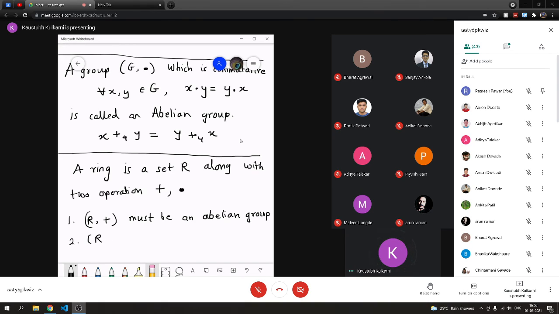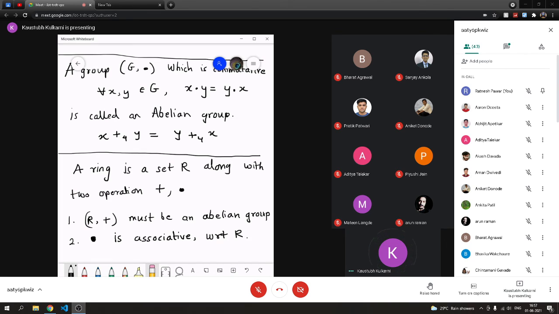Then this dot operation that we have is associative with respect to R. The result should be within R itself. It's like saying closure and associativity together. So it is associative.